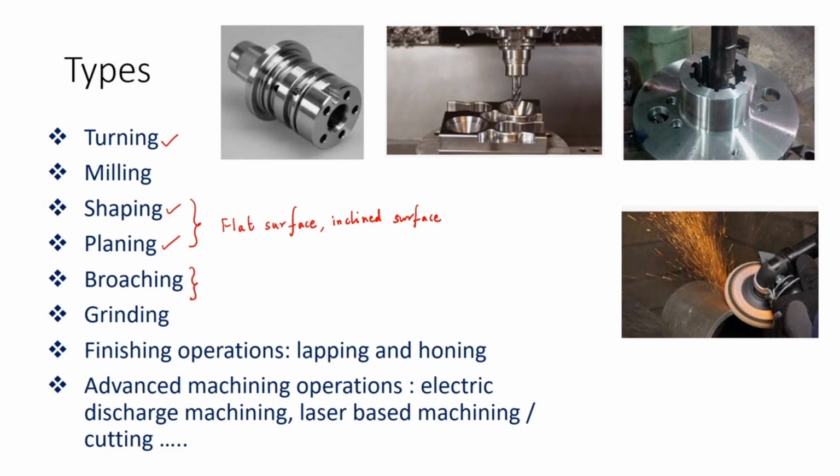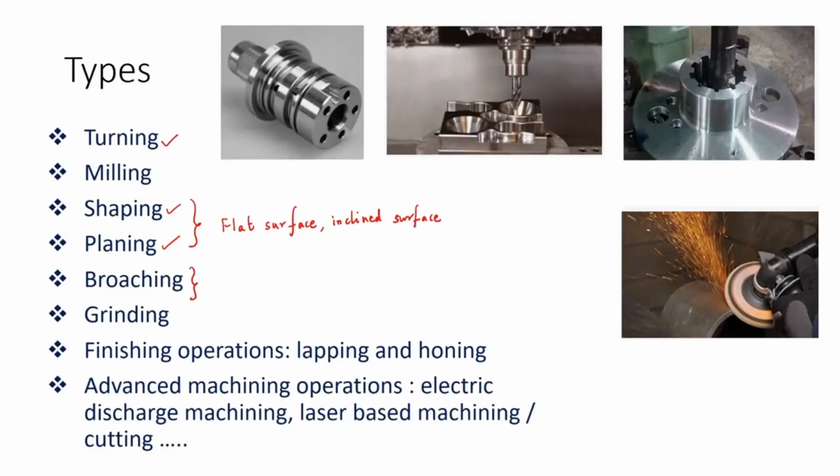In broaching, we generate splines, or we can generate keyholes in circular parts that you can see here. The tool has teeth with gradual increase in their size. So, these gradually increasing teeth generate the required shape in the work part.